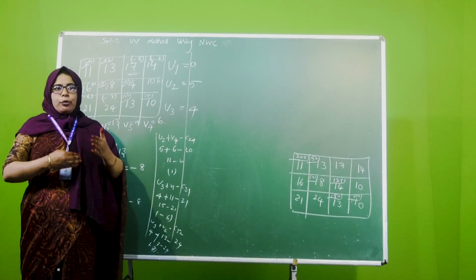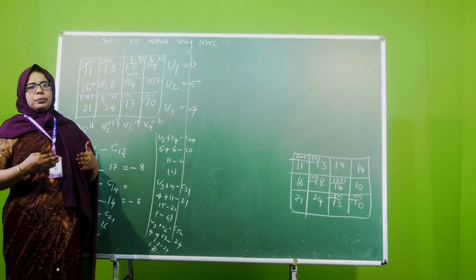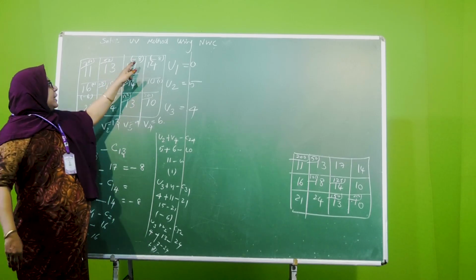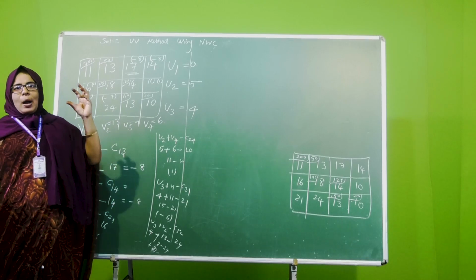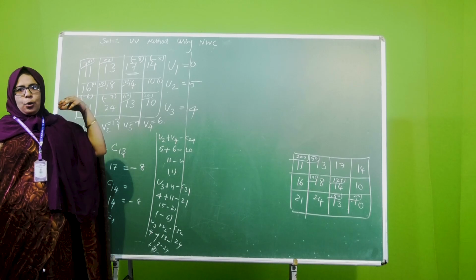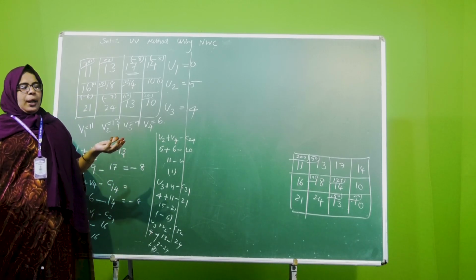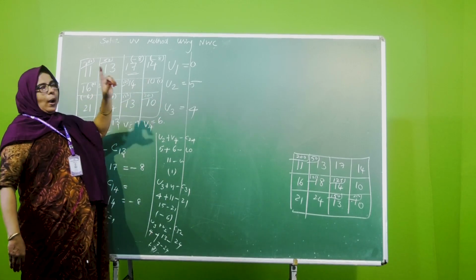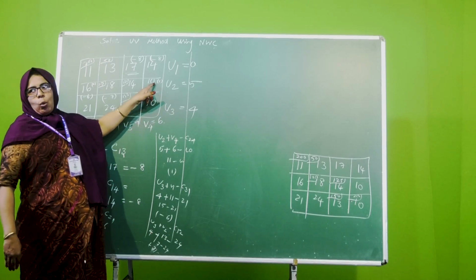So now we are going to form the loop. In dummy values, if a positive value occurs, the loop starts at that positive value. Okay, so we are getting only one positive value, that is 1.